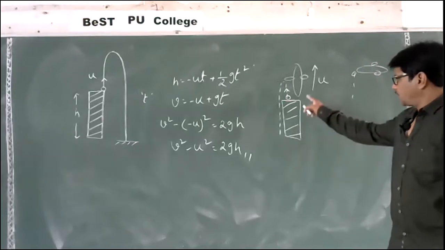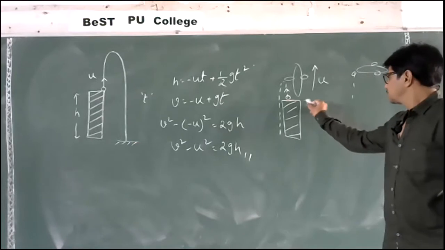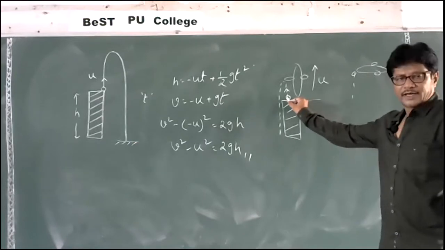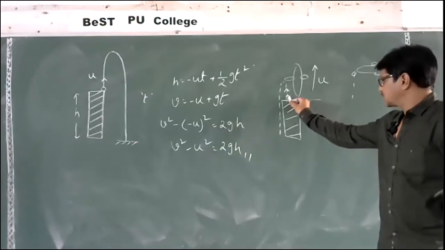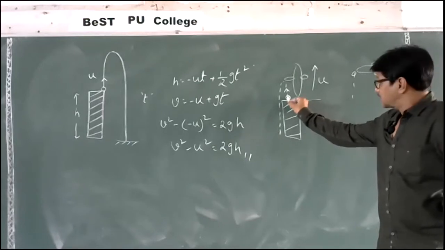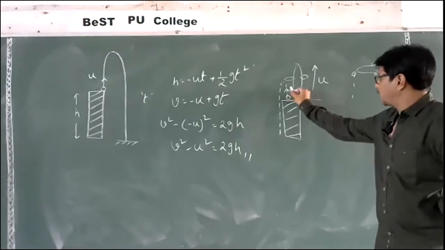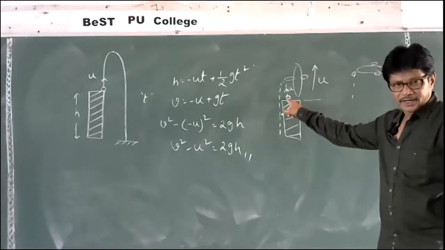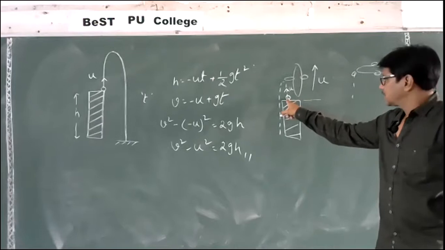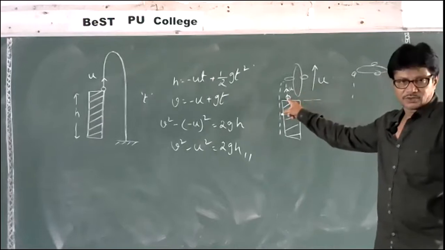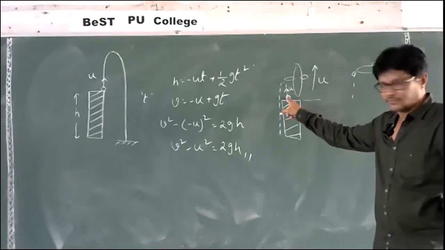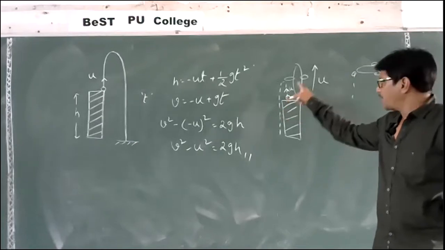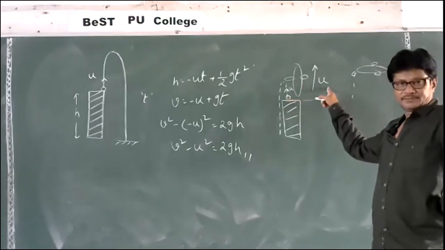Okay, if you want, you note down this diagram. Listen guys, this body will acquire the same velocity as that of the aeroplane initially. This body which is dropped from an aeroplane will acquire the same velocity as that of the aeroplane. So the initial velocity of projection of this body is the same as the velocity of the aeroplane.